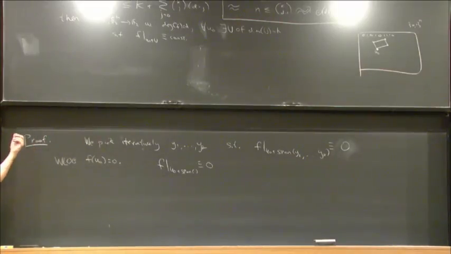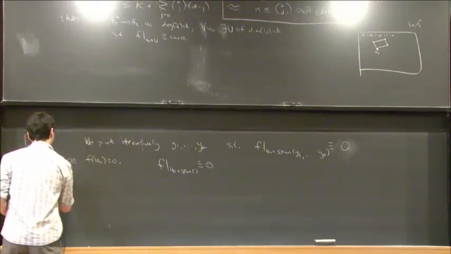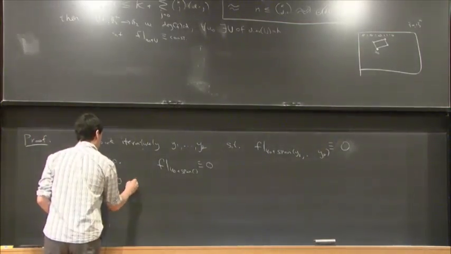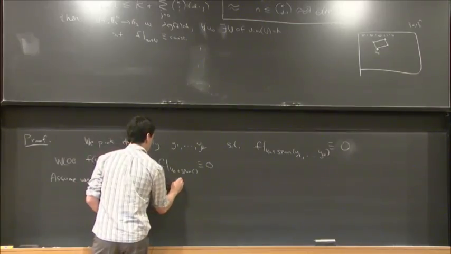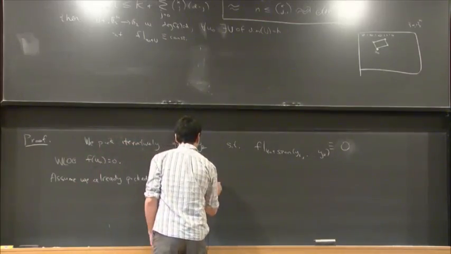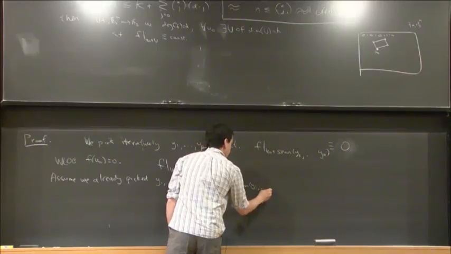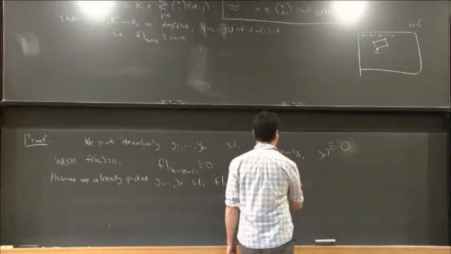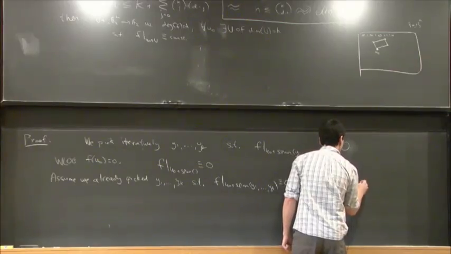So we know that this is okay. This is the basis of our induction. And now let's assume that we already picked y1 up till yk, and we now want to pick the new yk plus 1.